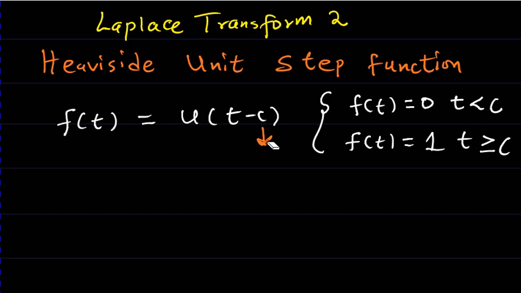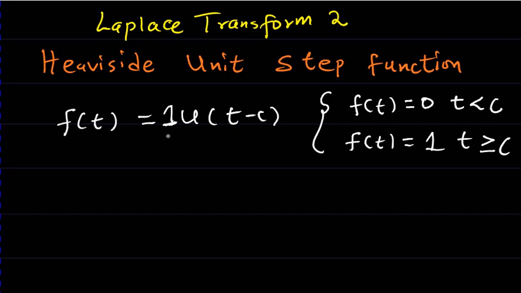In this case, the coefficient of the function is 1. That simply means that the function will output 1 when t is equal to c and above, being the coefficient of this particular function. Then when t is less than c, it will turn the function off.